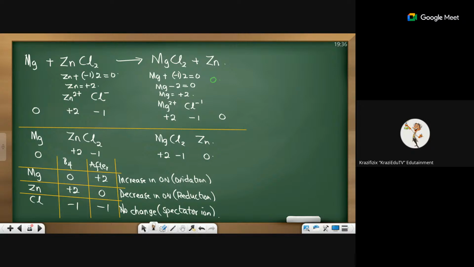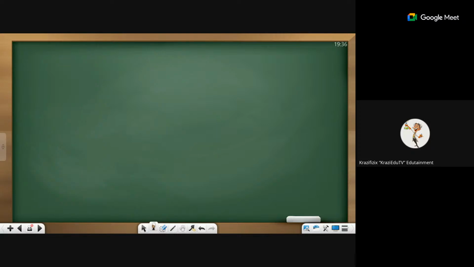All right. Quick things that I want us to write. What is oxidized? What is reduced? Check. Quick things. We're going to write what is oxidized. We are going to write what is reduced. We are going to write our oxidizing agent.